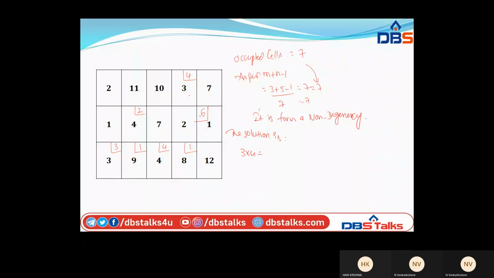3 into 4 plus 4 into 2 plus 6 into 1 plus 3 into 3 plus 9 into 1 plus 4 into 4 plus 8 into, so all these values.